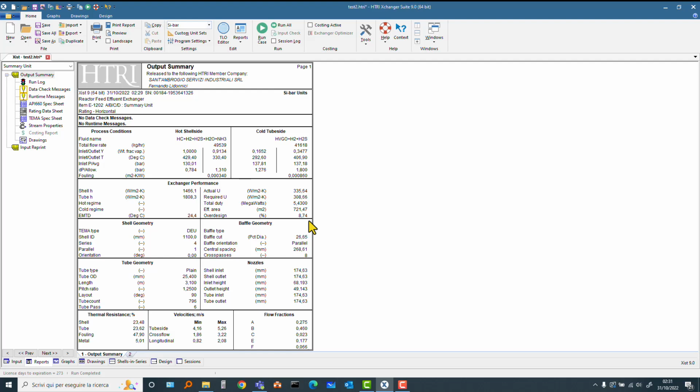So better to come back to the previous number of baffles and leave things like they were before.